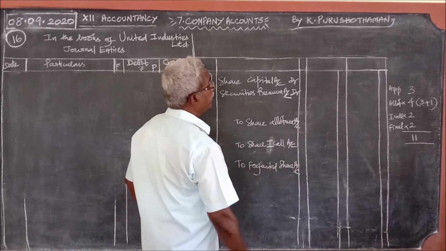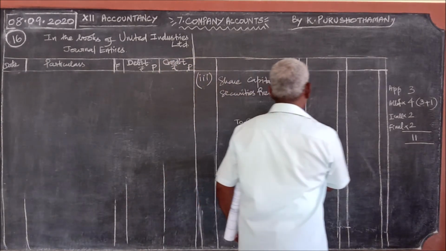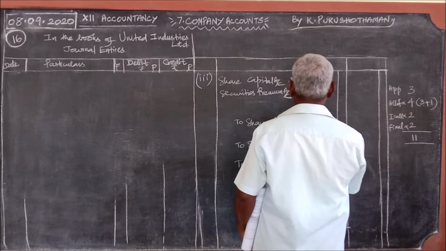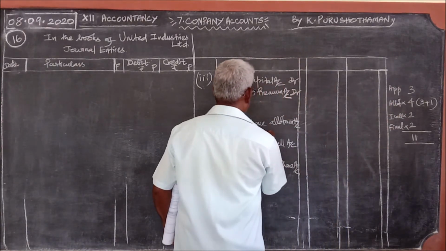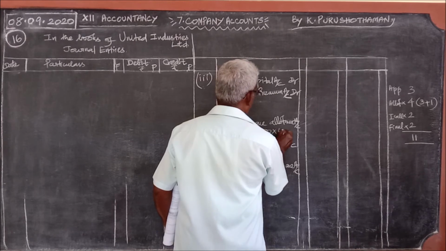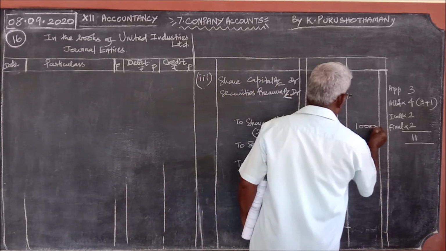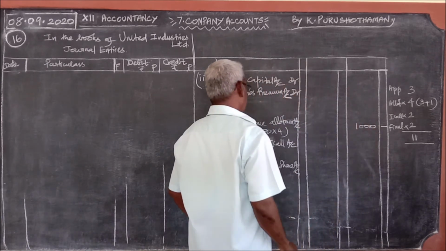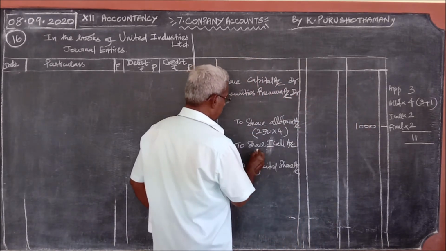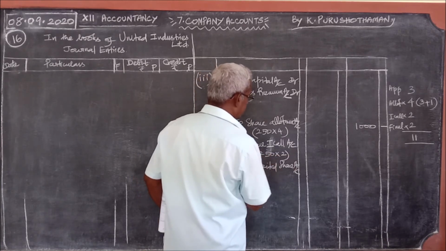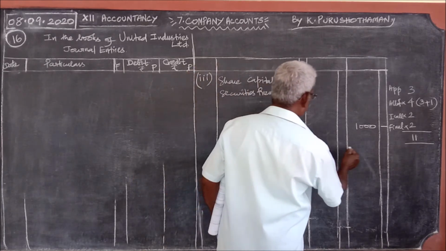So I have written it here. What is the share allotment? Allotment 4 rupees. Here the number of shares is 250. 250 into 4, 1,000. And first call 250 into 2, 500 rupees.